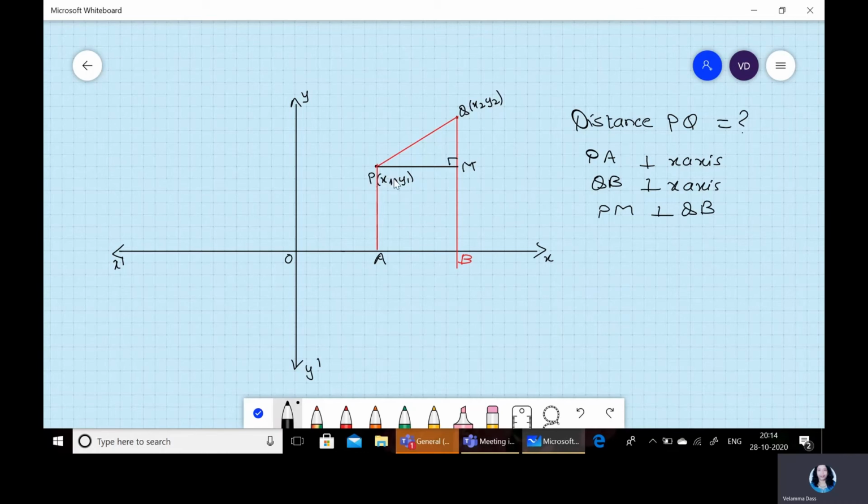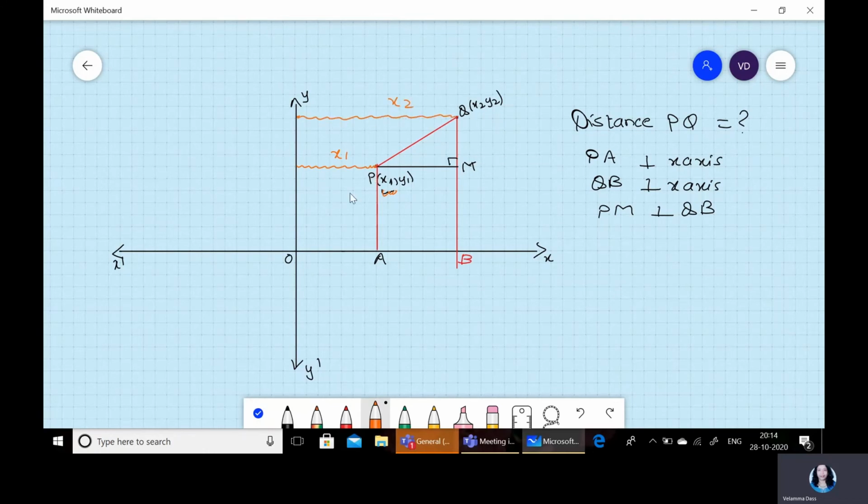Now, like the 9th standard funda, if I want to define the x coordinate, the x coordinate is nothing but the distance from the y-axis. So this much distance from the y-axis is x1, correct? If I want to define the x coordinate of Q, that is again the distance from the y-axis, so this much distance is x2.